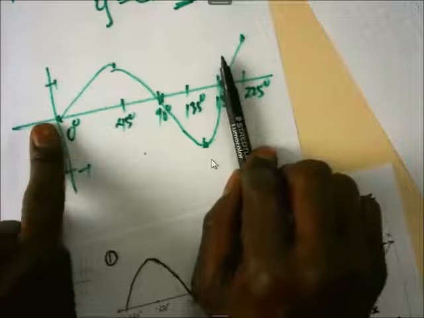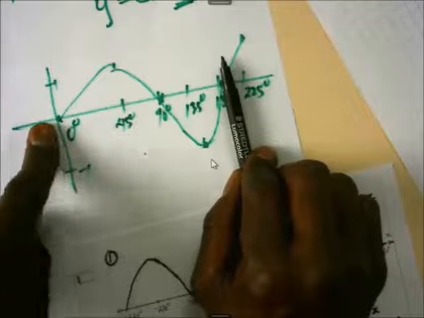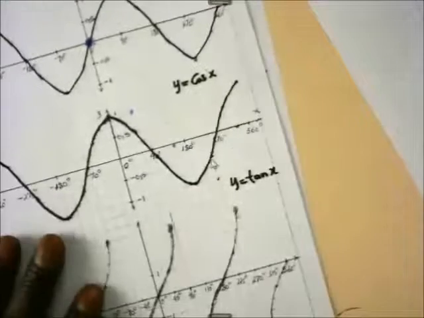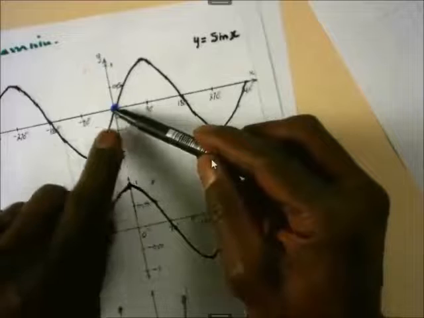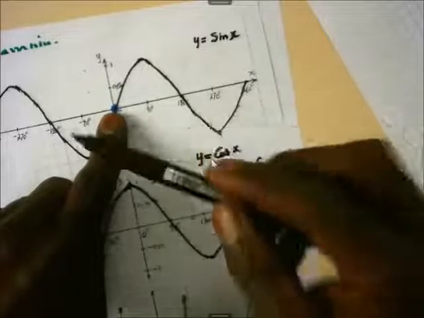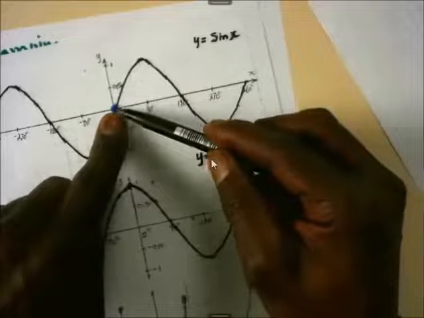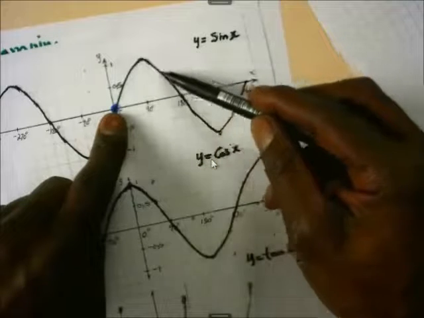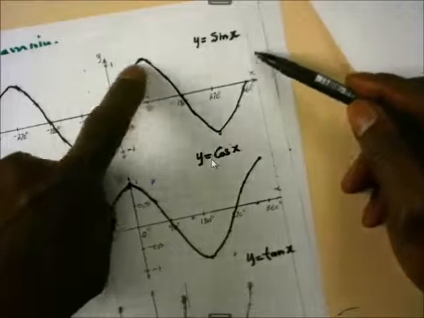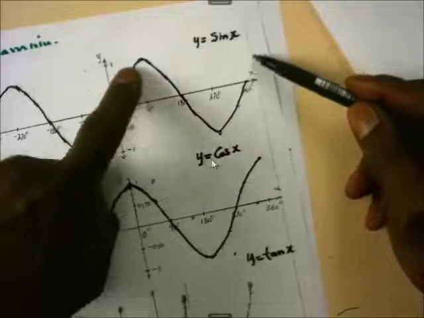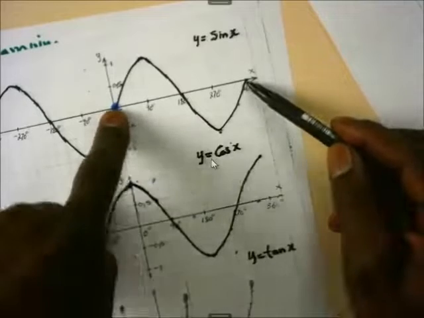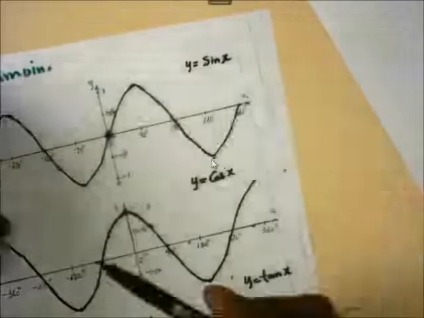That has actually affected the period of our mother function. I'm going up above the x-axis. When will I again go up above the x-axis? There I go, there I go, there I go. Then I'm starting to make the same thing here. The original period of our mother function of sine is 360 degrees.